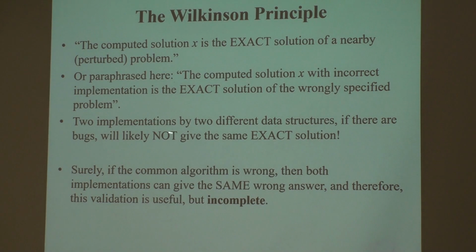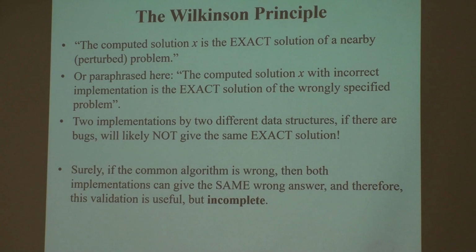In many ways. If I paraphrase with the data structure, the computed solution x with an incorrect implementation is still an exact solution of your wrongly specified problem. If you implement it in two data structures, the chances that they are exactly wrong at the same place are very, very small.